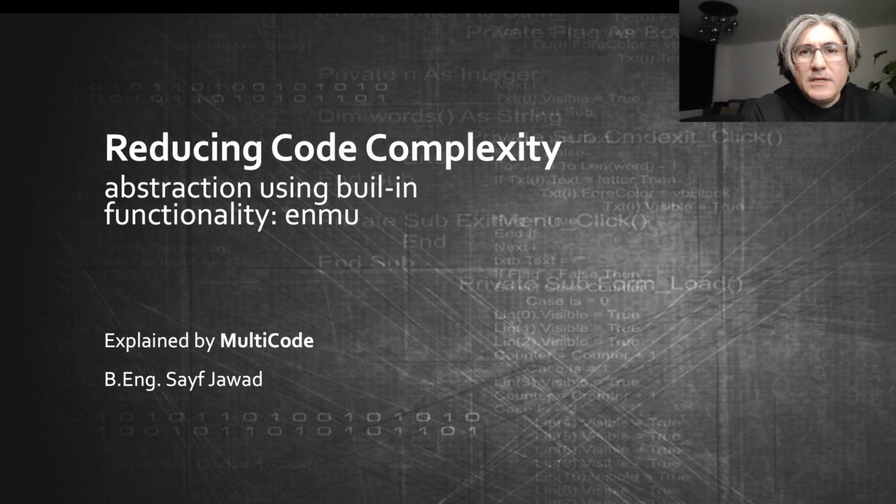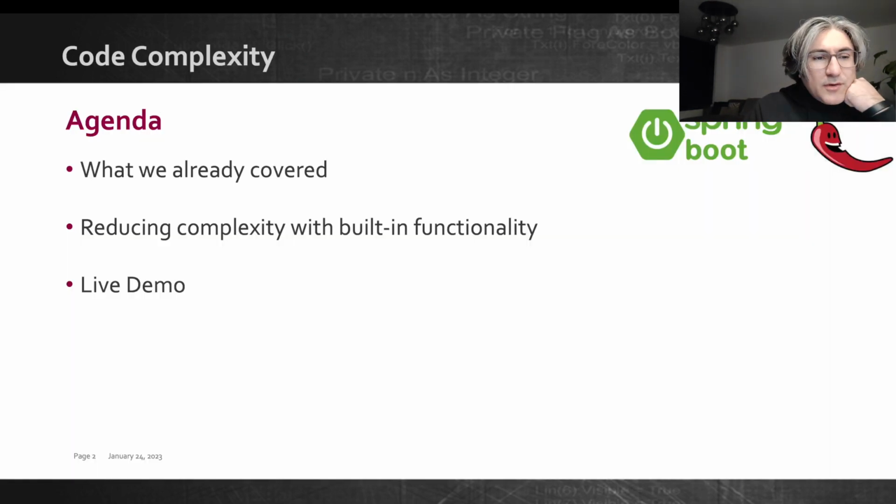This time we're going to be using Enums to achieve this goal. So what are we going to talk about today? The agenda is what we have already covered, just really quickly, and then reducing the complexity with the built-in functionality, the Enum, with a live demo.